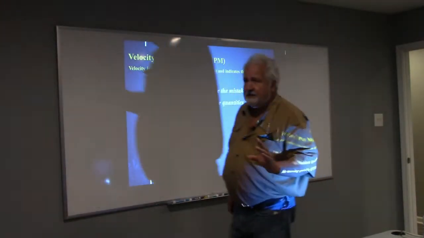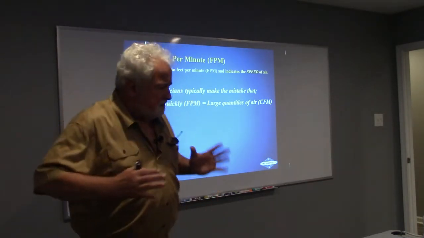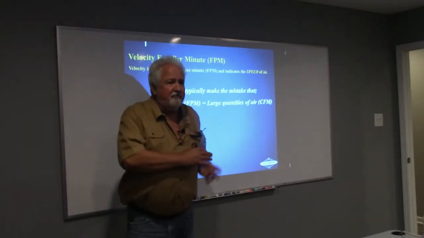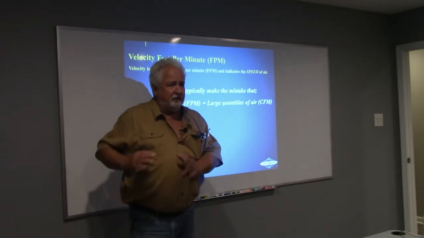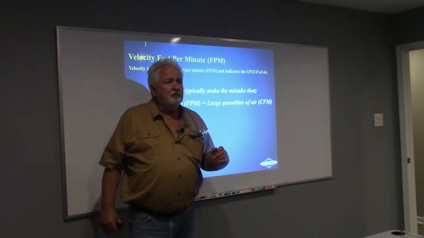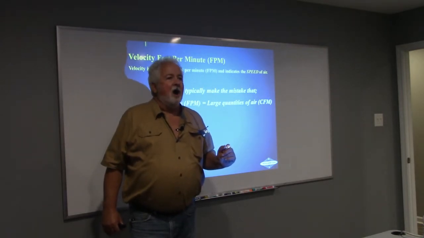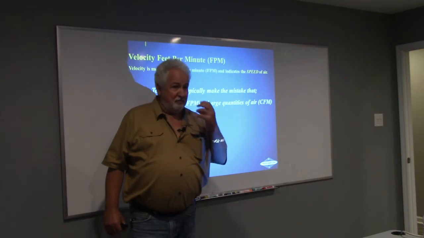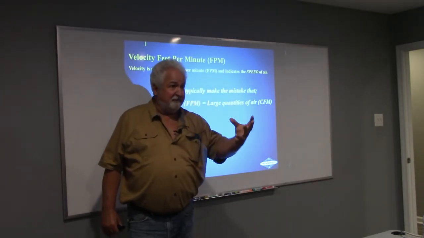So let's see. 2 cubic feet of air in my lungs. Okay? 1 cubic foot, 2 cubic feet. If I move it through a large duct, I can move it very quickly, very efficiently. 2 CFM. Did you follow that?